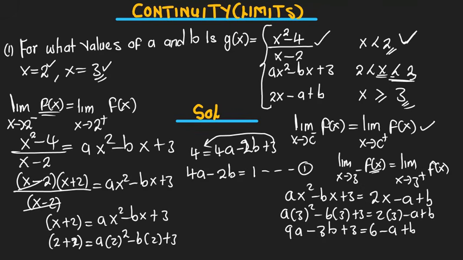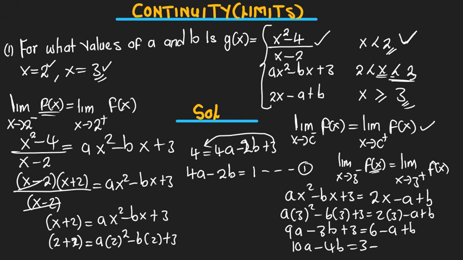Now let's try to make the equation properly. If this a crosses the equal sign, it adds to 9, it becomes 10a. This is minus 3b. If the b crosses, it comes this side, it becomes minus 4b. Then the 3 goes this side, it will subtract from 6, it becomes 3.